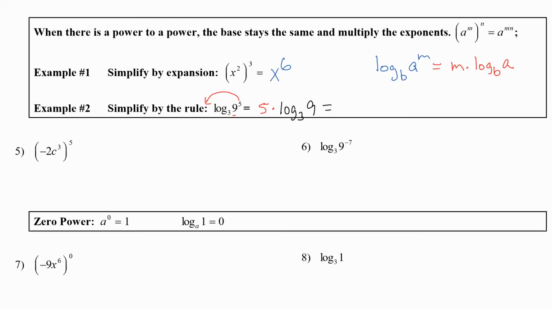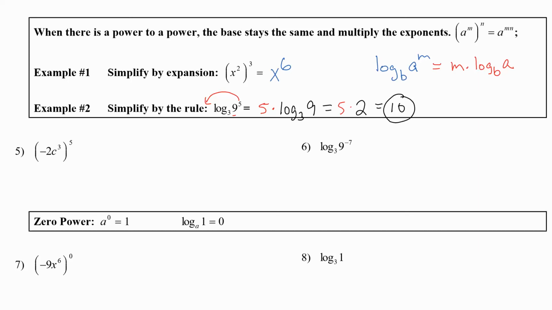And the shortcut here is when we go to simplify this, so we still have that 5 out in front, but then we need to evaluate log base 3 of 9. So 3 to what power equals 9, and that is, again, 3 squared equals 9. So we have 5 times 2, which is 10. So certainly that rule could be used as a shortcut. There's other applications, but that's one of them.